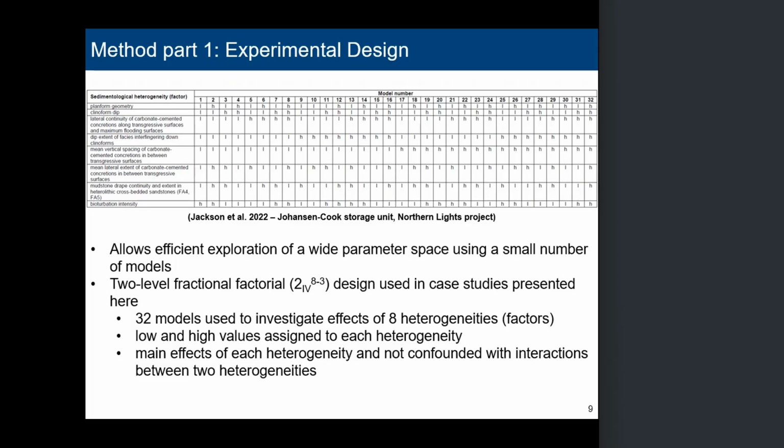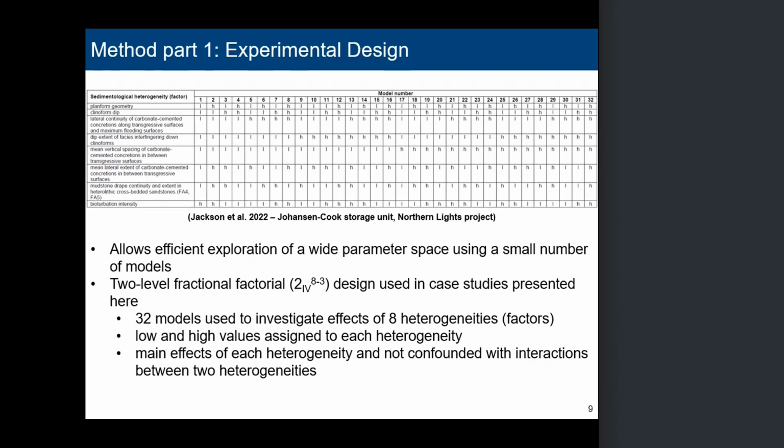There are 32 columns, and each of the cells in those columns is either high or low. So with this particular experimental design, each model has 8 heterogeneities represented within it, and those either have a high setting or a low setting. For example, that could be sand bodies being large or small of a particular type.